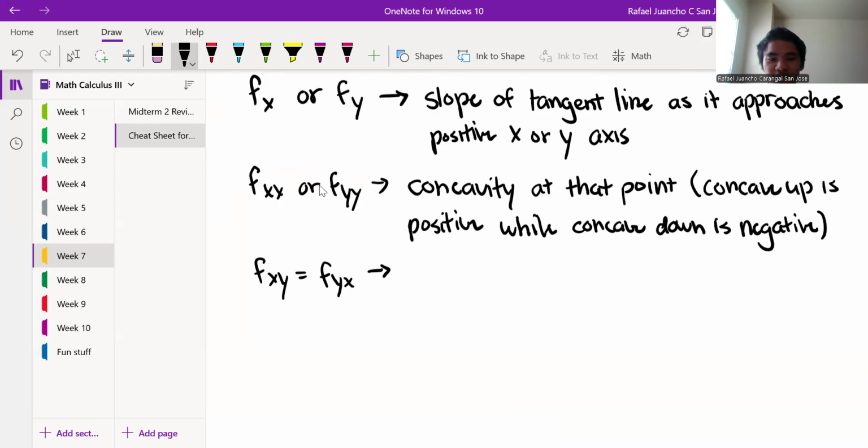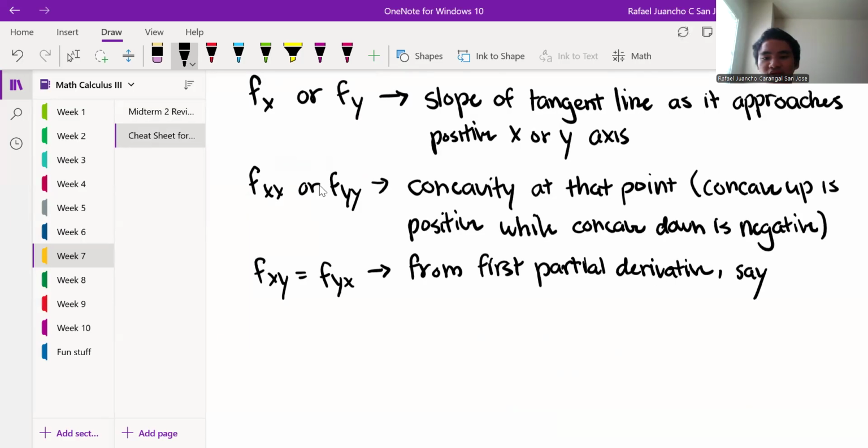Clairaut's theorem. Here we're looking, let's say, from the first partial derivative, say x.